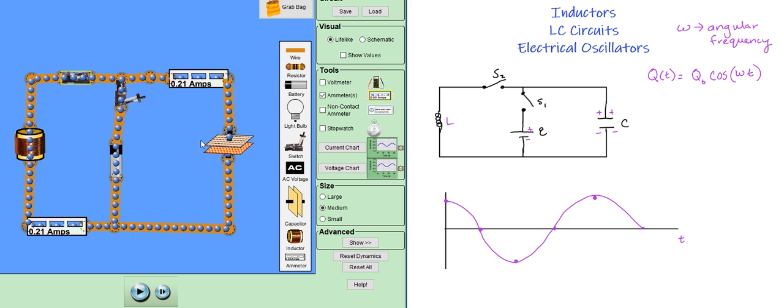Now what we knew happened was that the current was trying to increase, and the inductor was creating a back EMF and trying to prevent that increase. So we would expect to see through the inductor something that looked like this. So it's trying to reach a steady state in the circuit, and the inductor is kind of pushing back at it.